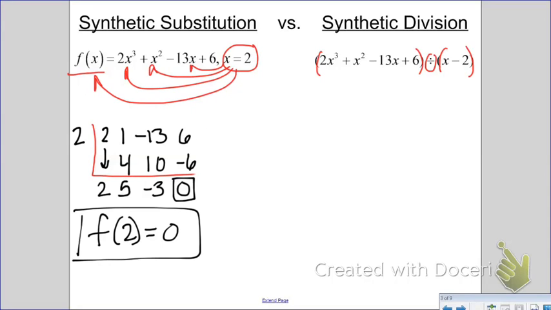Synthetic division works very similar. One thing you need to know before you start writing any numbers is that this piece right here is really an x minus a k because of that minus sign right there in the center. Because of this minus sign in the center, anything in here is really the opposite sign.